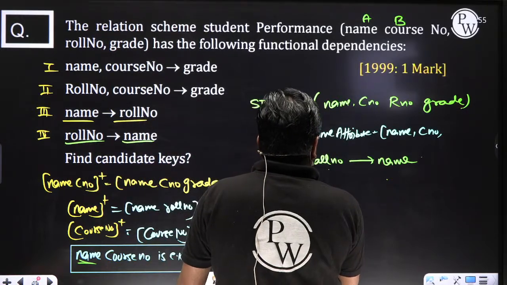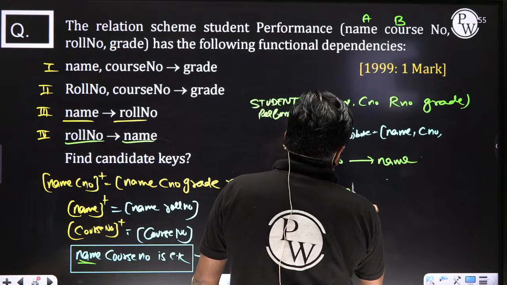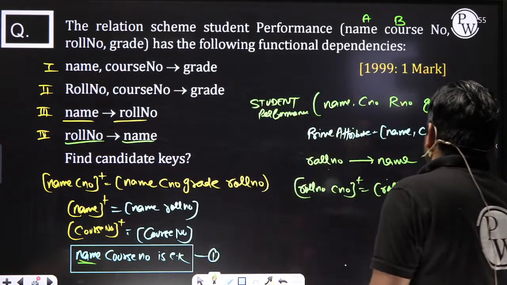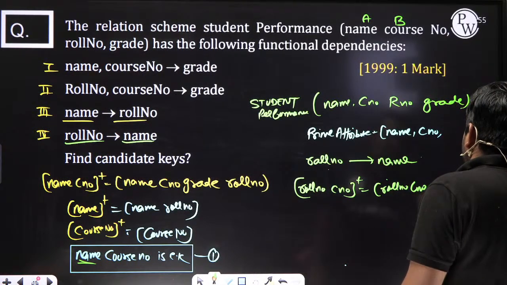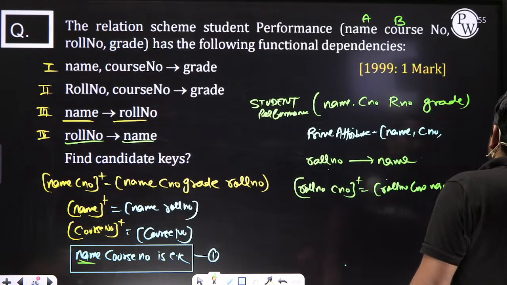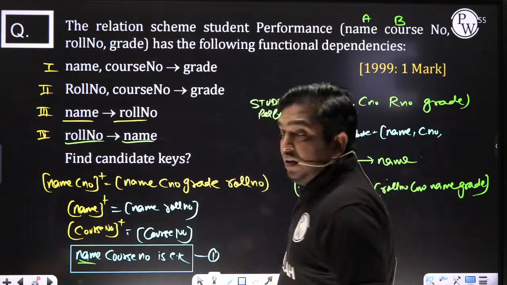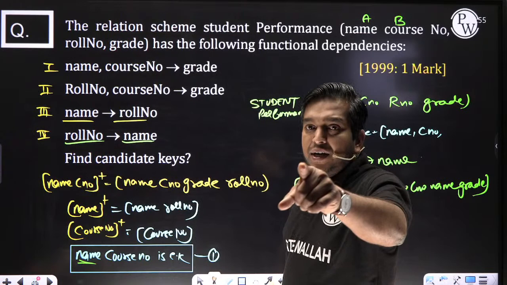Then what happens? Roll number determines each and everything: roll number, name and grade. But we can't tell directly. Please, we have taken the oath. Until we decompose, we can't tell it is a key.